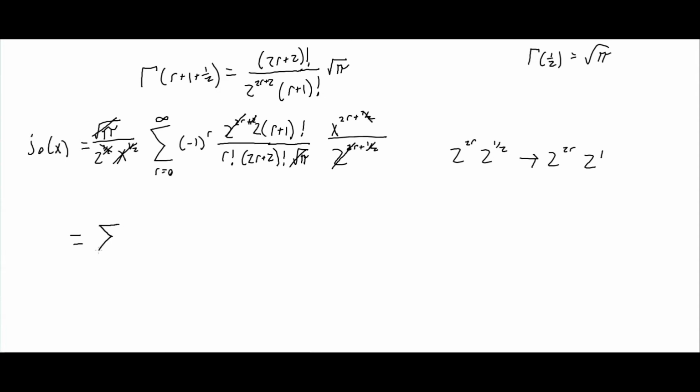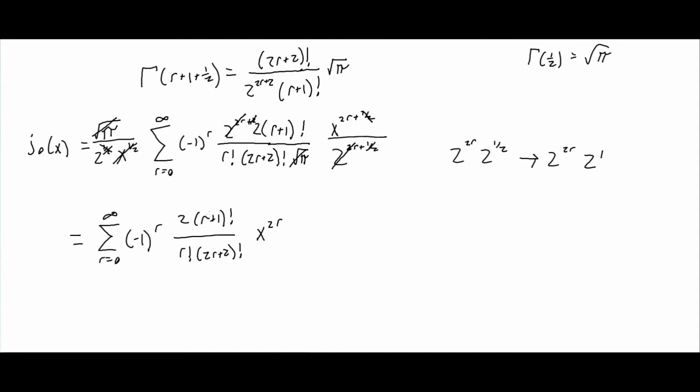So now we just have the summation from r equals 0 to infinity of minus 1 to the r, and in the numerator we still have 2 times r plus 1 factorial, over r factorial times 2r plus 2 factorial, times x to the 2r, because that half got canceled.